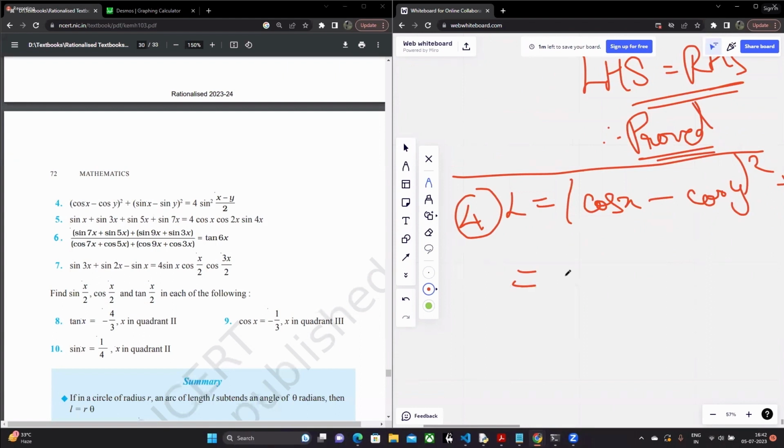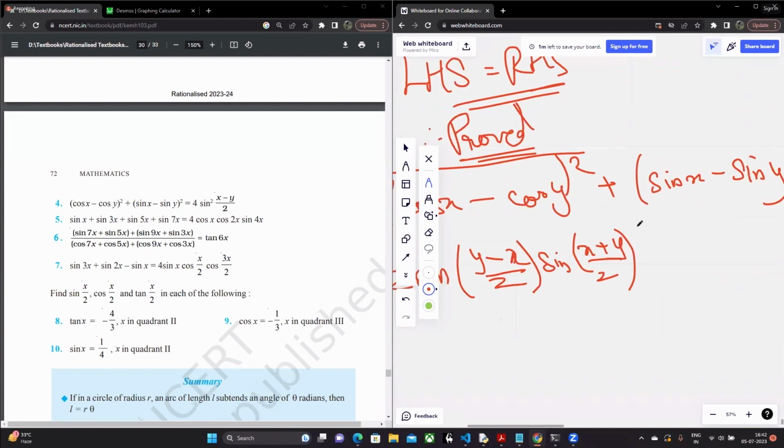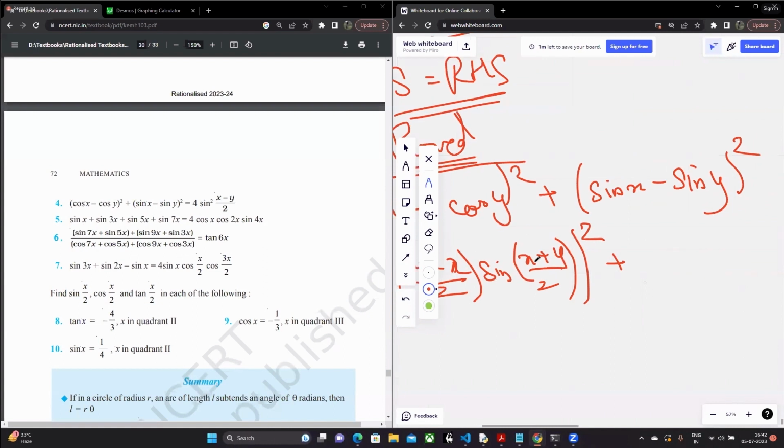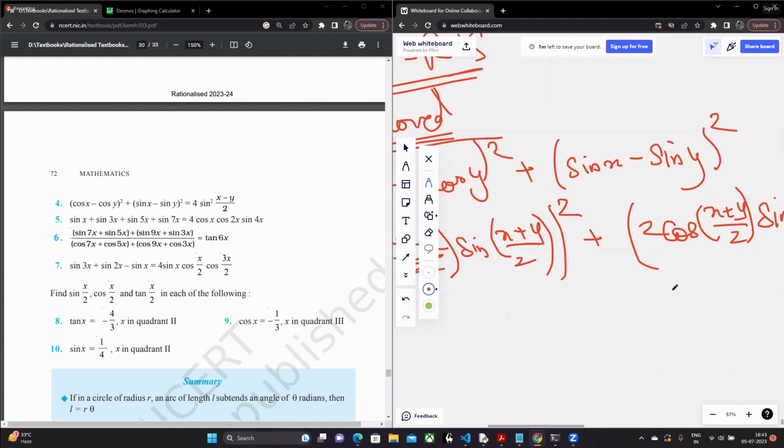Right? Which is going to be 2 sin of (y minus x) by 2 sin of (x plus y) by 2, the whole square. Plus this is going to be 2 cos (x plus y) by 2 sin of (x minus y) by 2, the whole square. Right?